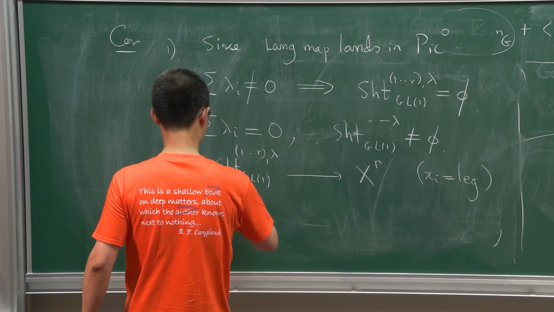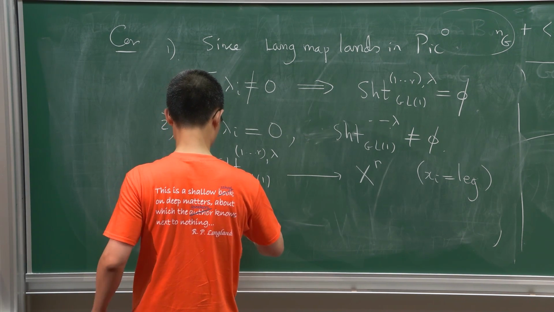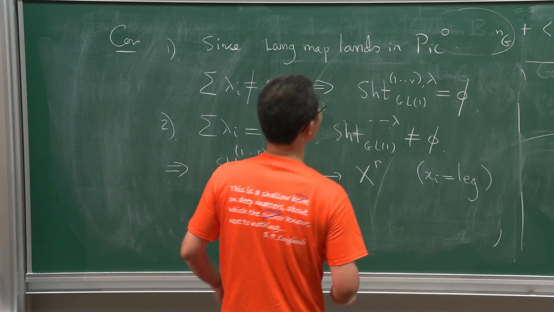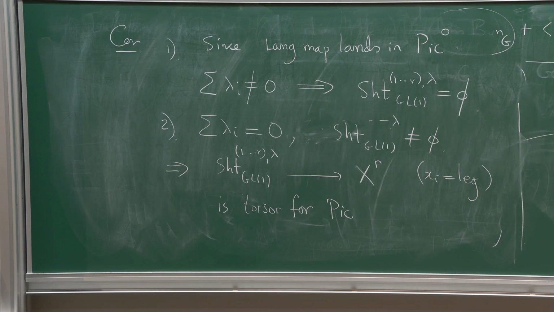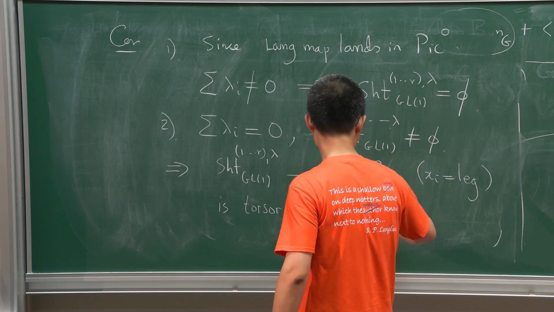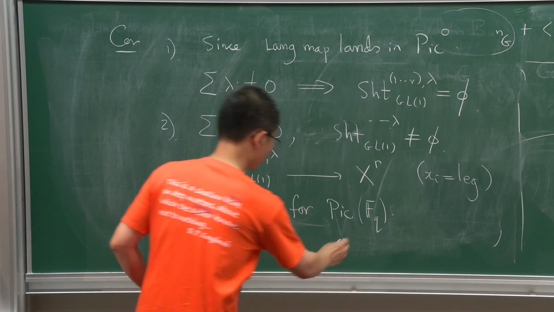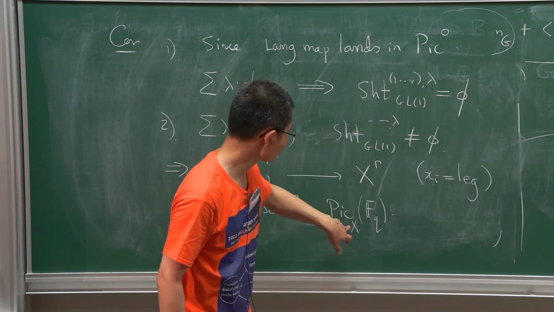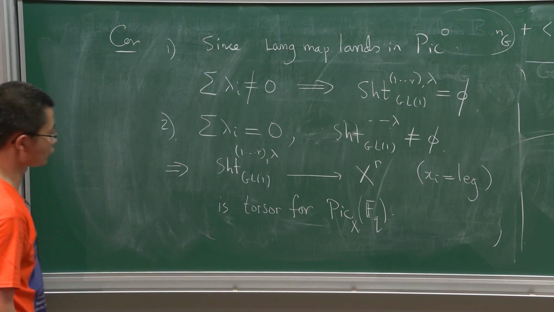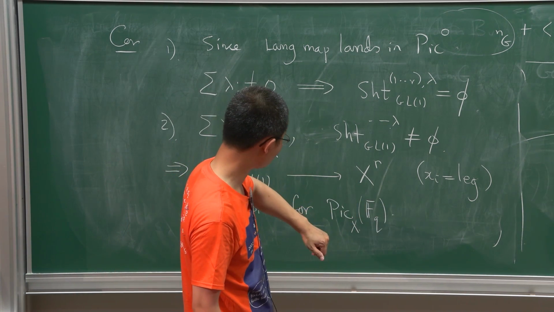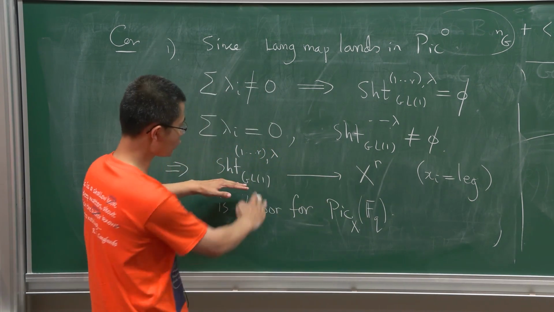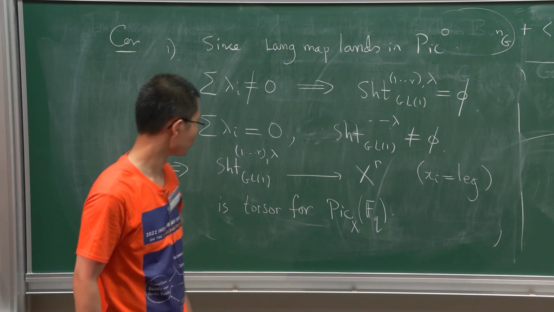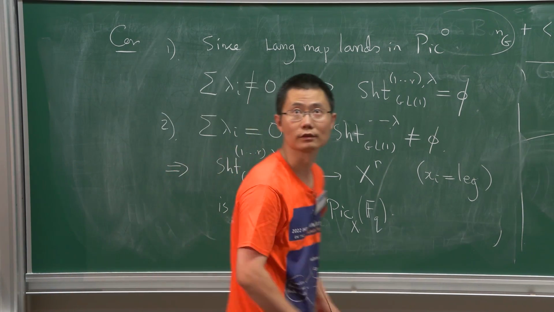This map is actually a torsor for the deck transformation group of the Lang isogeny, which is the F_q points of Pic X. Again, this has a little bit of automorphism, F_q star. This itself is a groupoid, and each fiber of this map is isomorphic to a copy of this discrete groupoid. Okay, I stop here.